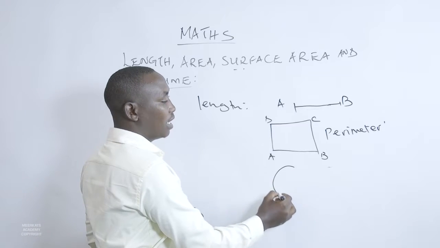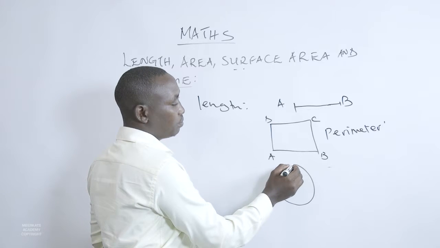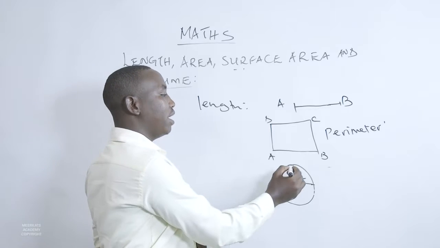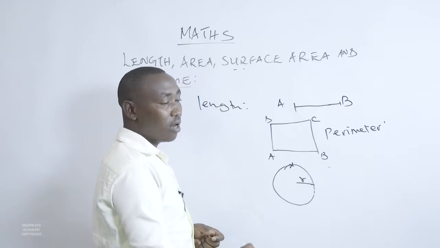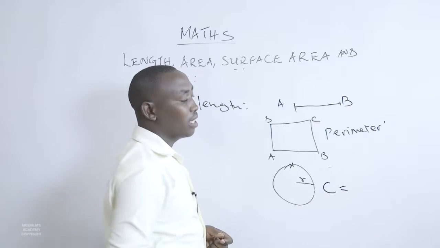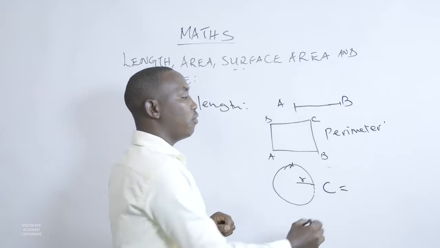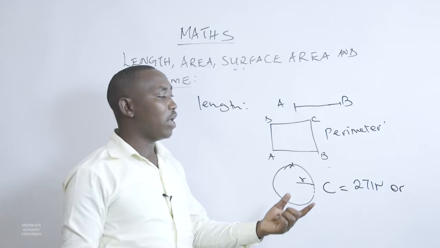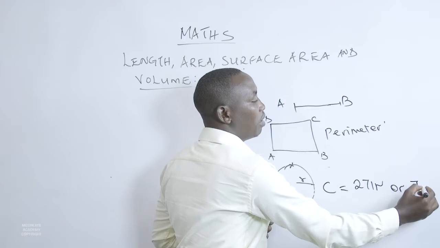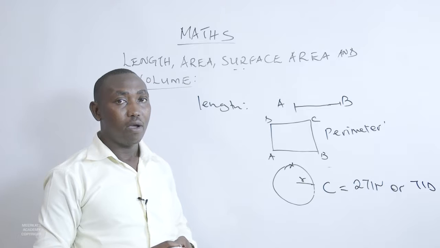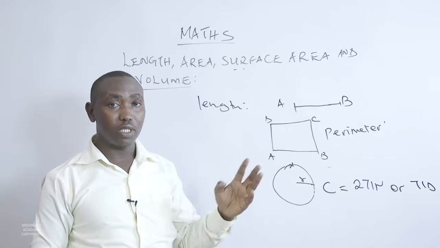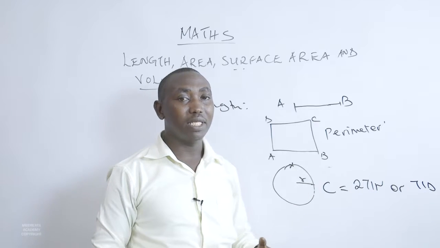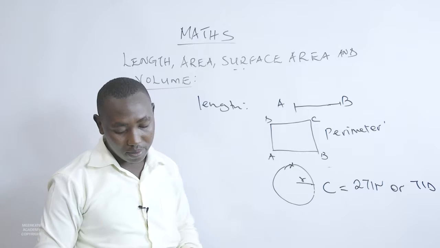When you are given a circle of a given radius r, we can find the distance around this particular circle, and that will give us the circumference of that figure, which is equivalent to 2 pi r, or if we are using the diameter, then that will be pi d, where pi is the fixed constant 22/7 or 3.142, and d is the diameter of that particular circle.